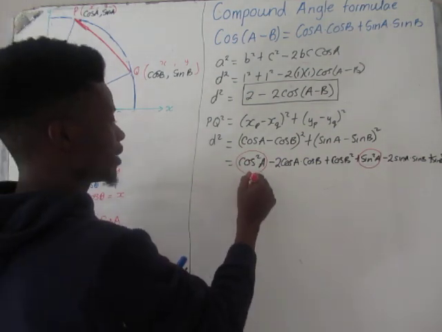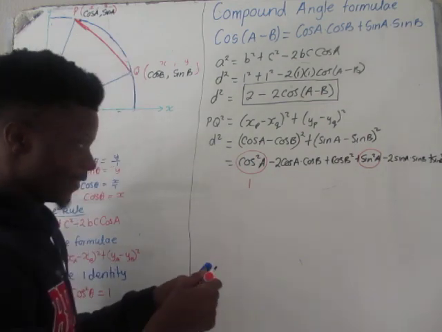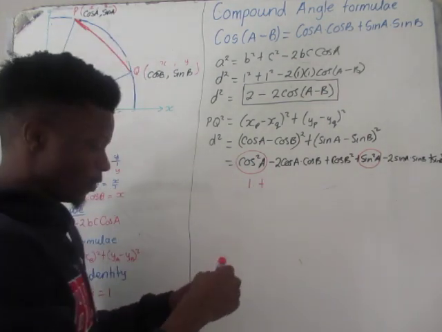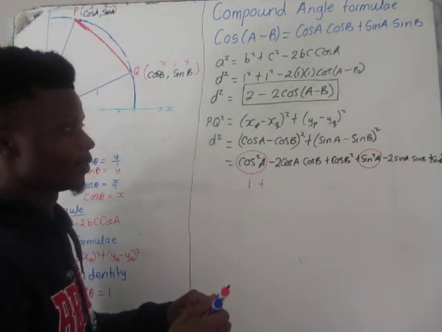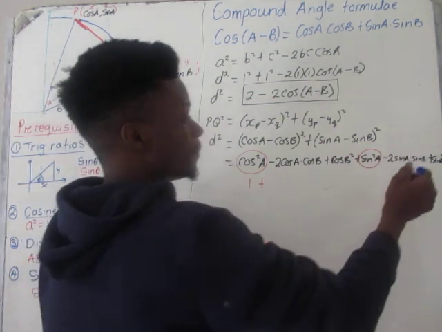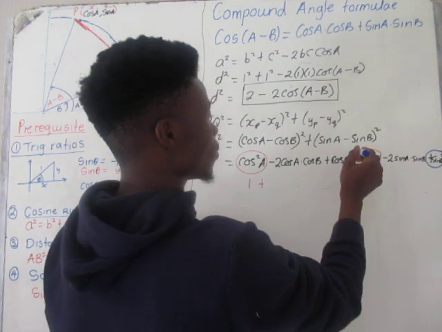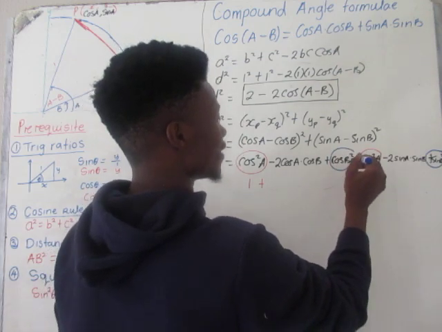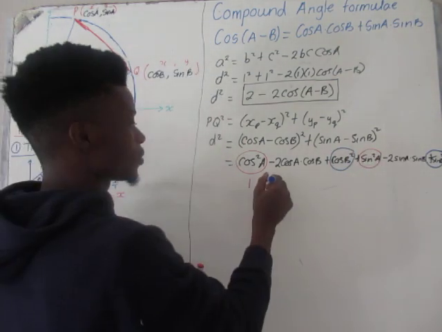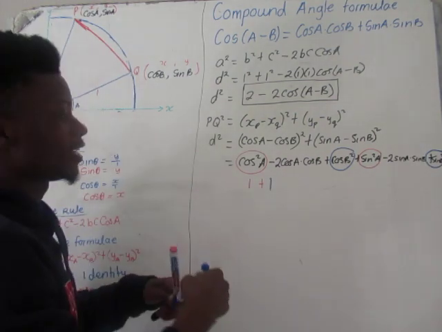I'm going to write it in red so that you know where it's coming from. Then plus, we also have this, which I'm going to circle in blue: sine squared B plus cos squared B. That's the square identity and equals 1. So I just wrote them in red.